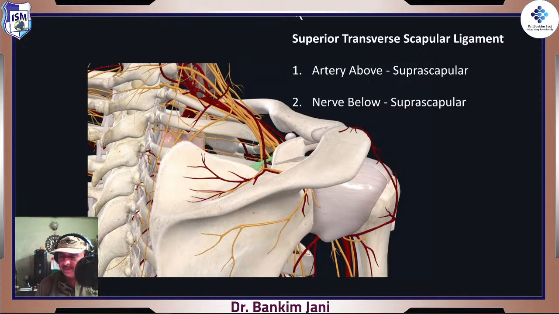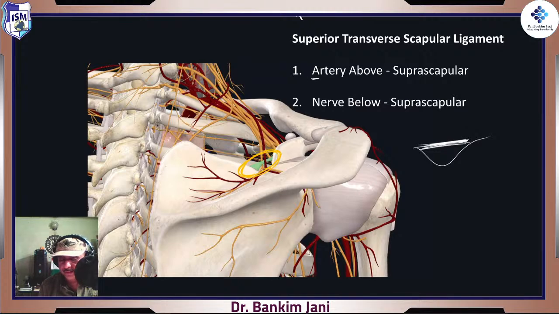So here is the superior transverse scapular ligament, right? This is the ligament which we are talking about. In the scapula, it is like a notch, the suprascapular notch, and it is converted into a foramen. All you have to remember is it is important because the suprascapular artery and nerve pass through it.